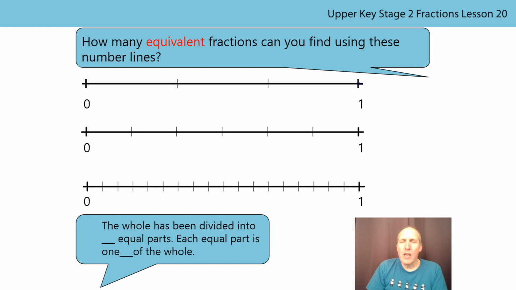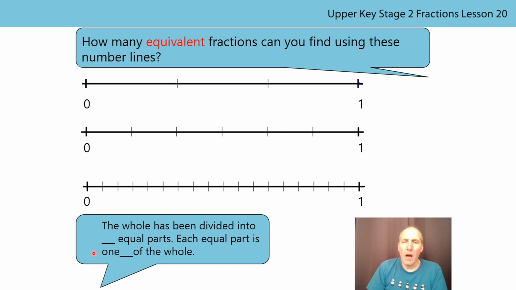Let's check how each line has been divided up. The top line has 3 equal parts between 0 and 1. 1, 2, 3. We can say the stem sentence together. The whole has been divided into 3 equal parts.